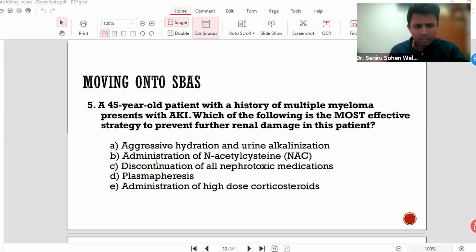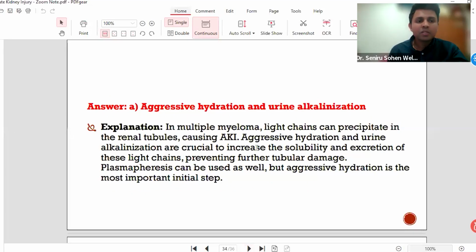So all A, D, and E seem like viable options, but the correct answer here would be A, because we are asking the most important strategy to prevent further renal damage. So aggressive hydration and urine alkalization is the best way forward because light chains will precipitate and the aggressive hydration and urine alkalization will increase the solubility of these light chains and increase the excretion.